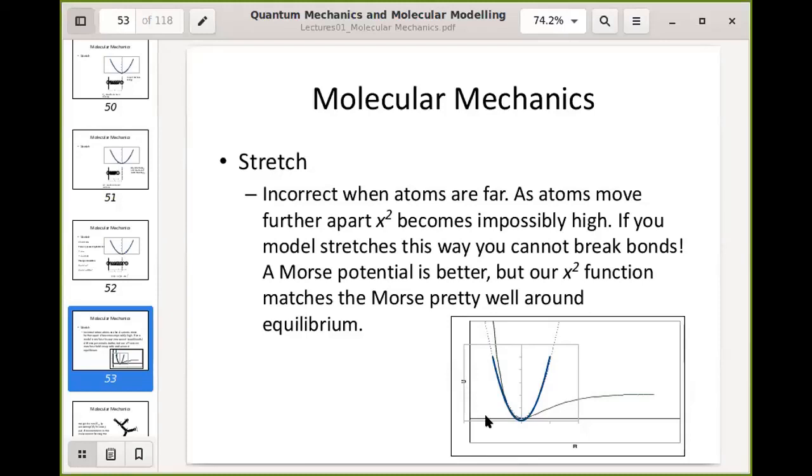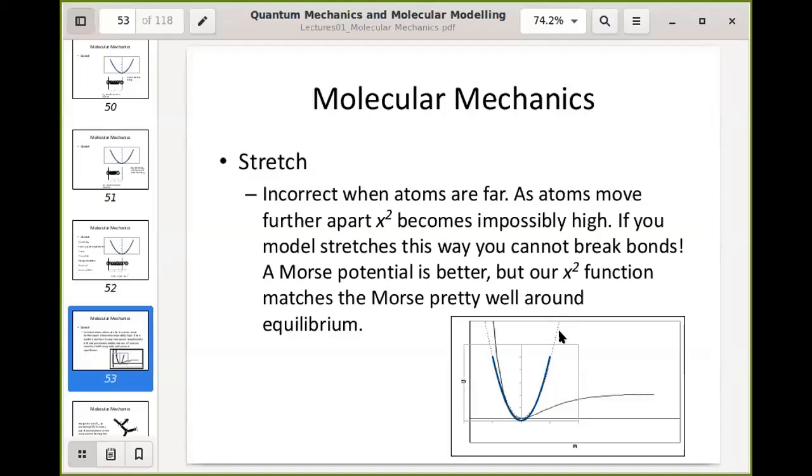And so in most molecules, this potential energy surface will work fine. The biggest problem comes if you try and pull atoms apart. Because if you say that the energy goes up as your displacement goes squared, then as you try to move atoms further and further apart, the energy will go up further and further and further. It will never come down. X squared doesn't get smaller as x gets bigger.